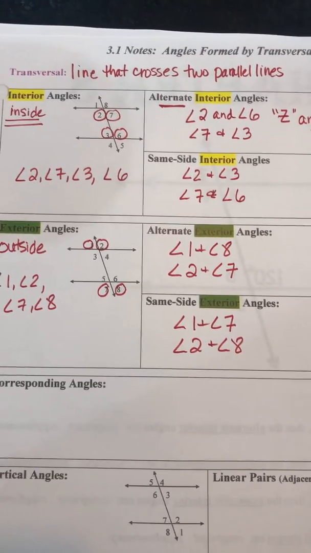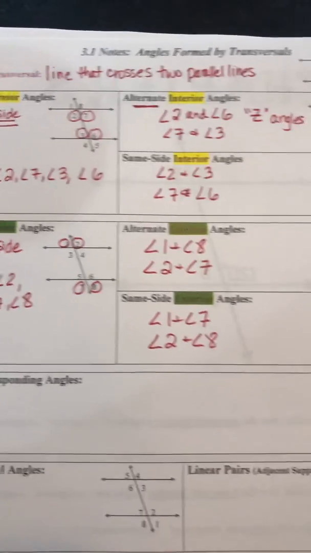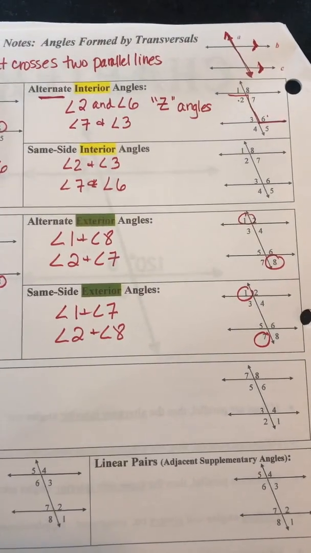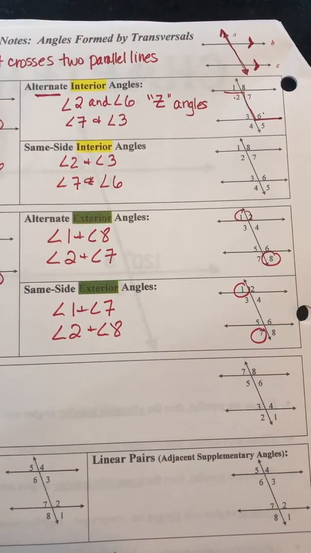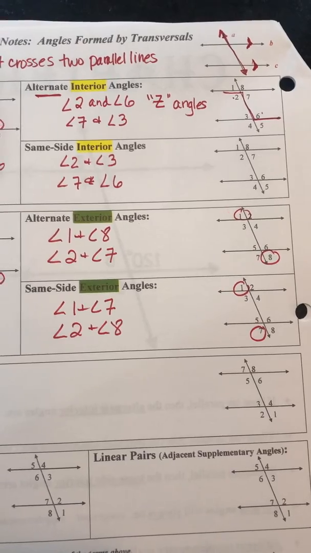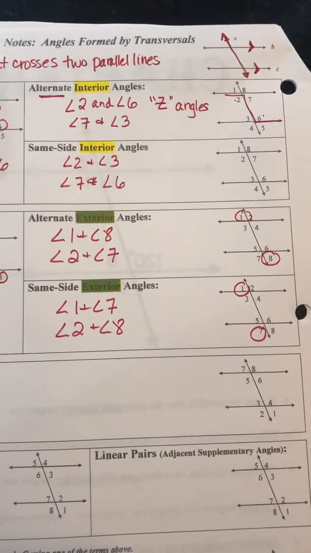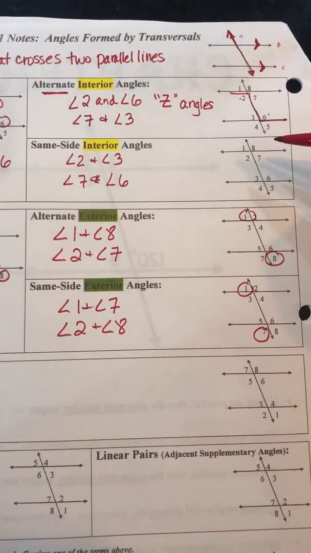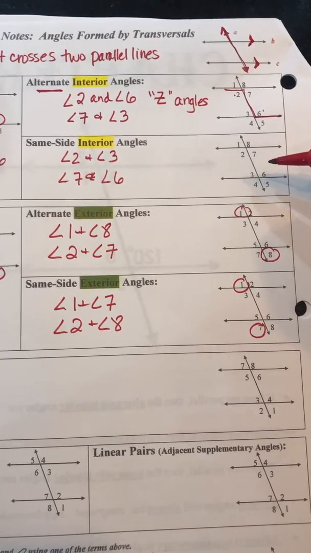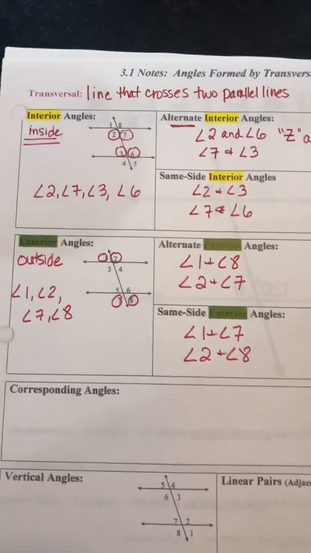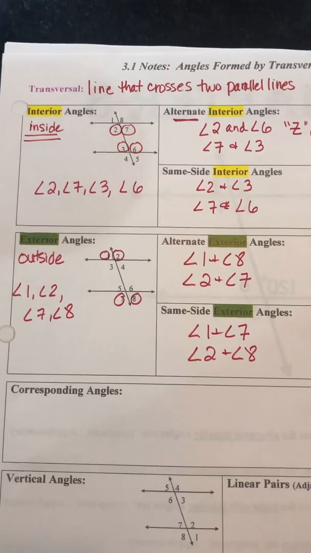You have angles 2, 7, 3, and 6. We either pair them up alternately, or Z angles, like angle 2 and angle 6, angle 7 and angle 3, alternate interior, or we say same side, on the same side of the transversal, 2 and 3, 7 and 6. Exterior angles are on the outside, angles 1, 2, 7, and 8.